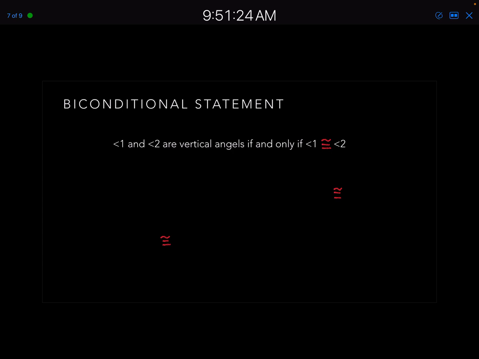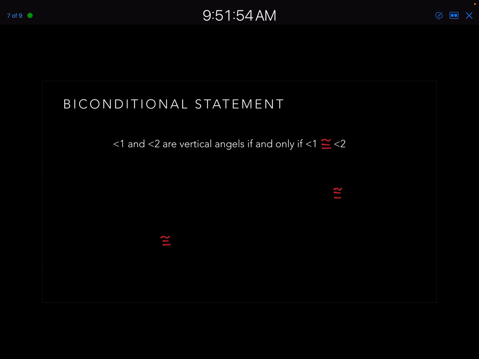Angle 1 and angle 2 are vertical angles if and only if angle 1 and angle 2 are congruent.